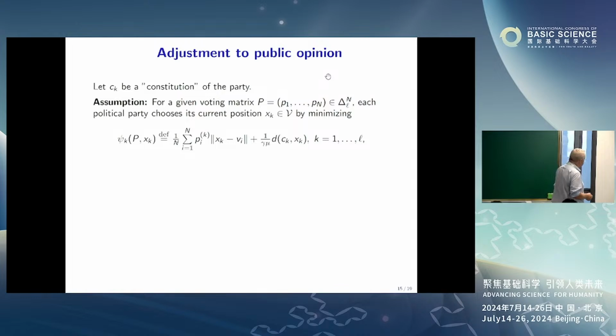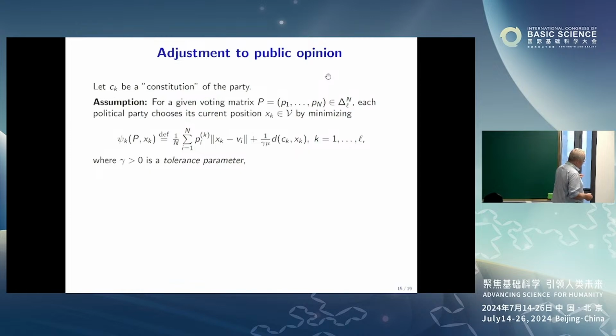Let us relate the position of the party to the opinion of the voter by the probability that this voter is going to vote for the party, and we compute this average distance, the mixture of this average. D is the distance function. What is there again?